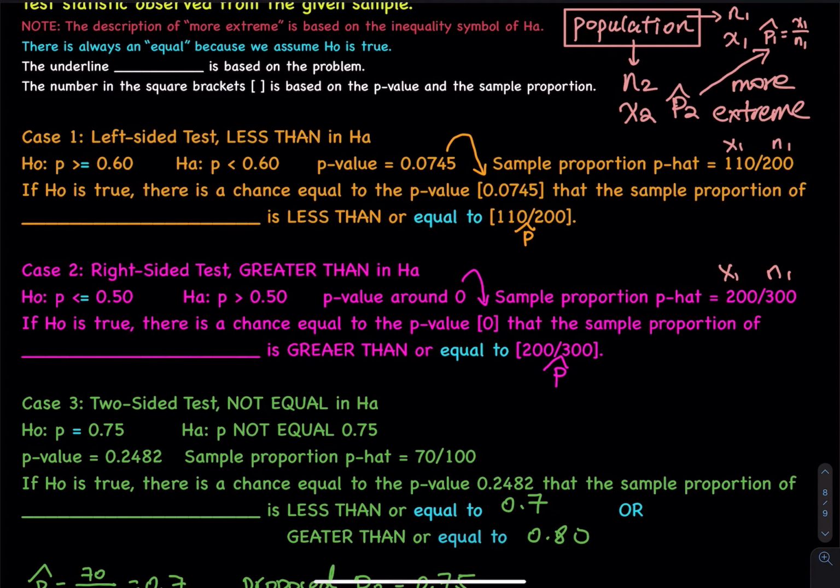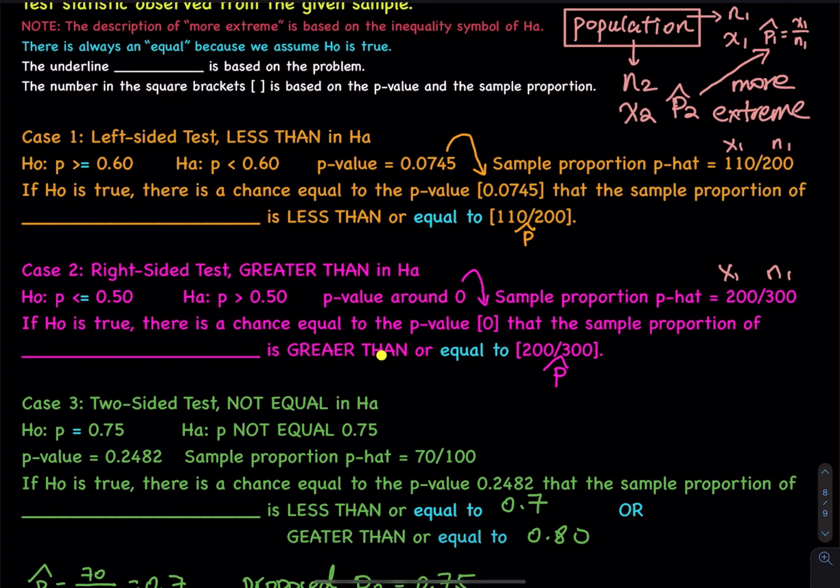So how do you explain the p-value? The p-value equals 0. Here is how you start: if H0 is true. You always have to start with if H0 is true. This is required. And then you say there is a chance equal to the p-value, and then you fill in the p-value. Whatever p-value you have in your right-sided problem, you fill that in, that the sample proportion of what? This is based on the problem you are solving.